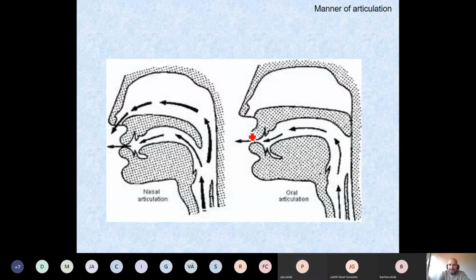How can this happen? Basically, the velum here is raised, and as the velum is raised, the passage is blocked, so the airflow is not entering the nasal cavity when the sounds are oral. When the sounds are nasal, the velum is lowered, is down. So therefore, the airflow escapes through the nose and through the mouth.